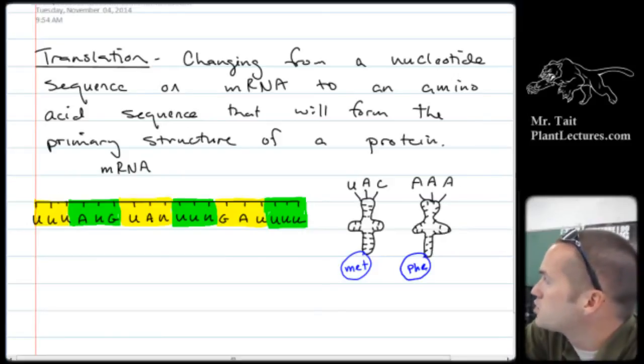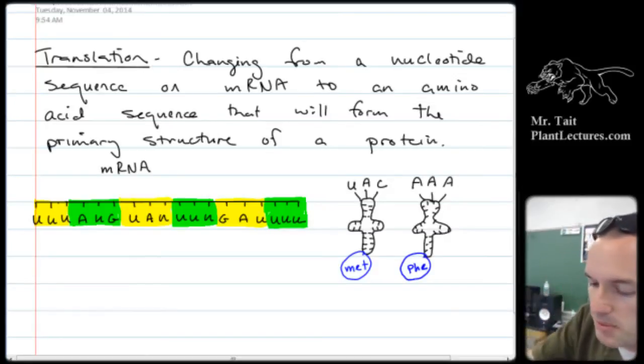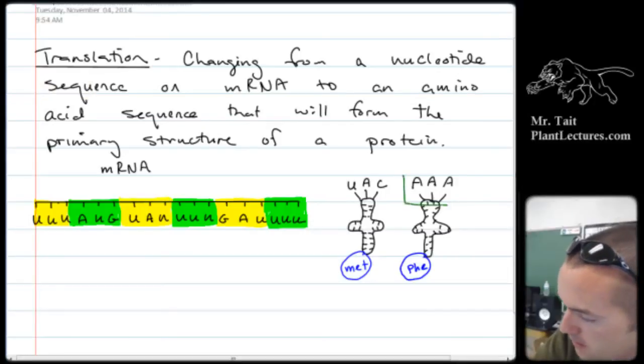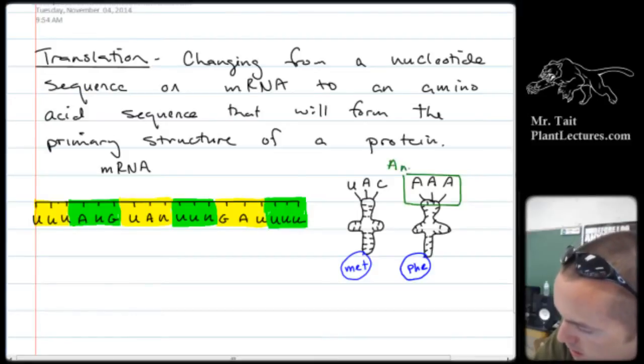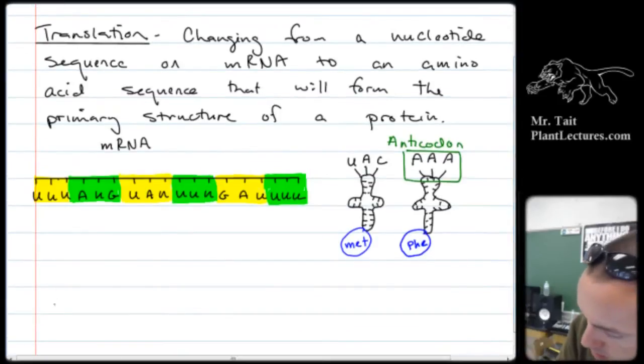Okay. So here are just 2 examples of tRNA that could go on this. Each tRNA has a couple different points on it that I want to talk about. The first point is this one at the top. Okay. This area is called the anticodon. Right, and so all these things make up tRNA.